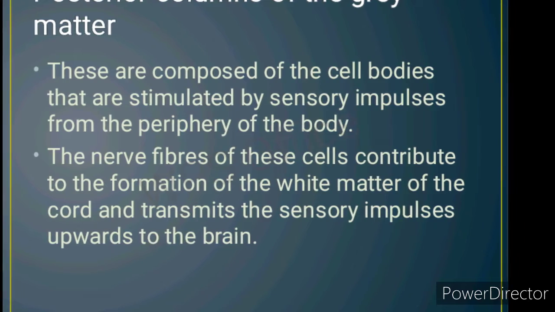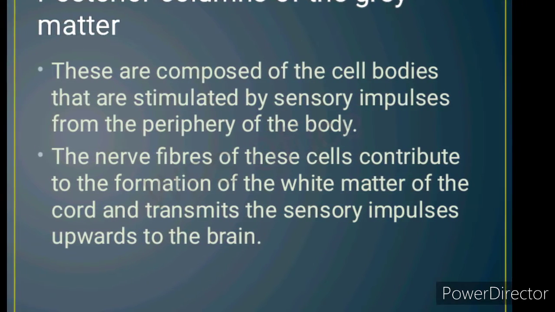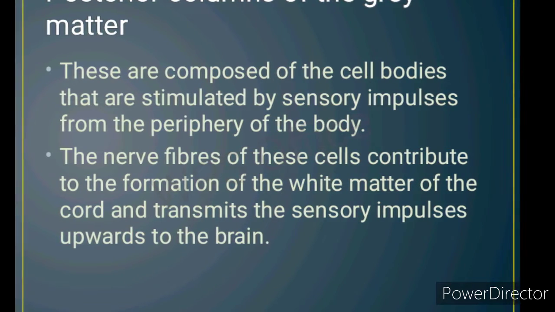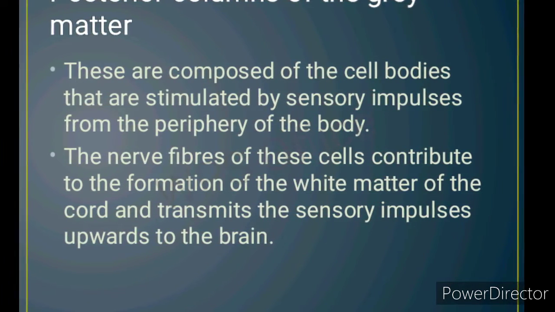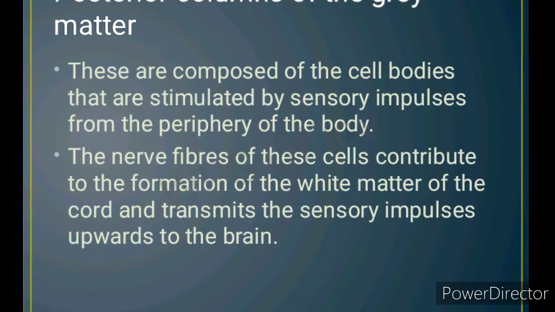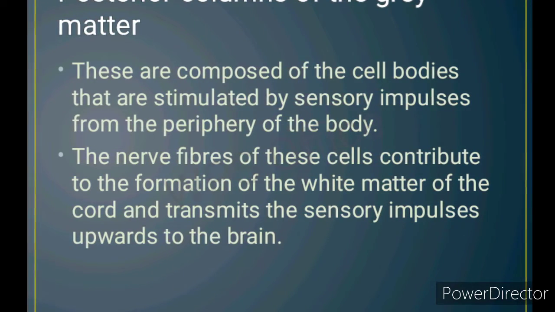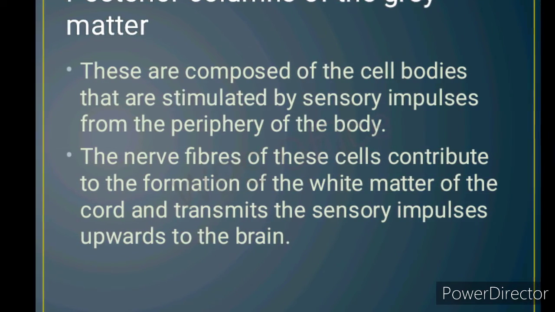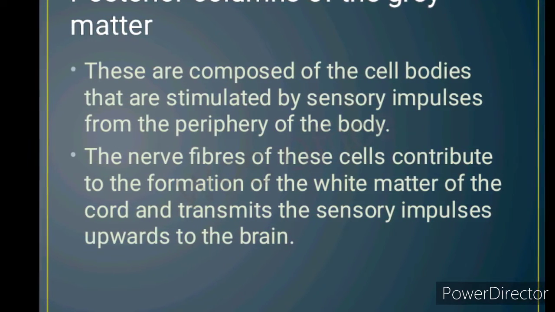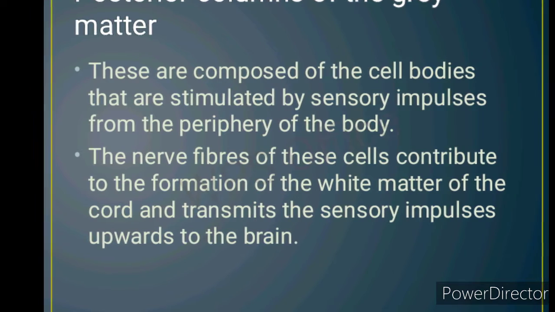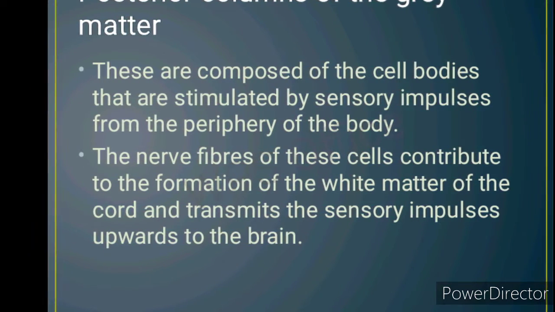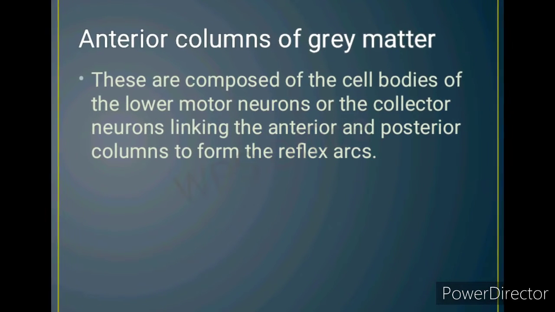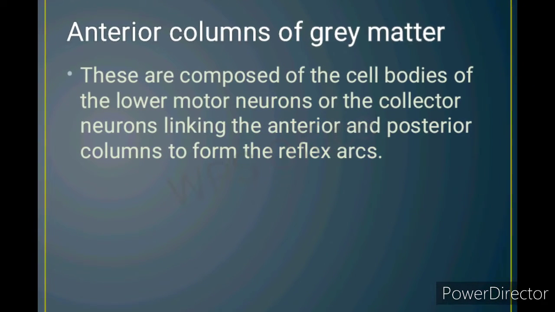The posterior column of the gray matter is composed of cell bodies that are stimulated by the sensory impulses from the periphery of the body. The nerve fibers of these cells contribute to the formation of the white matter of the cord and transmit the sensory impulses upwards to the brain. So the posterior column of the gray matter is responsible for sensory function. Then the anterior column does the motor functions.